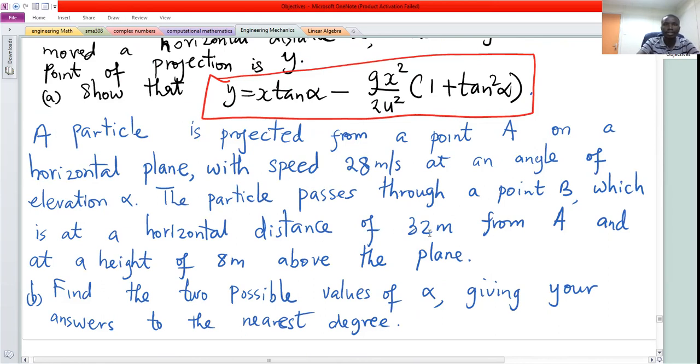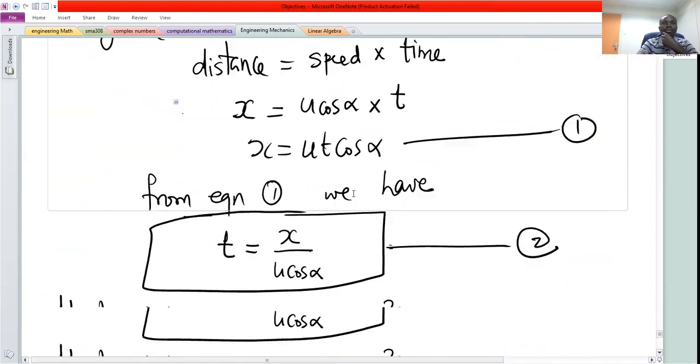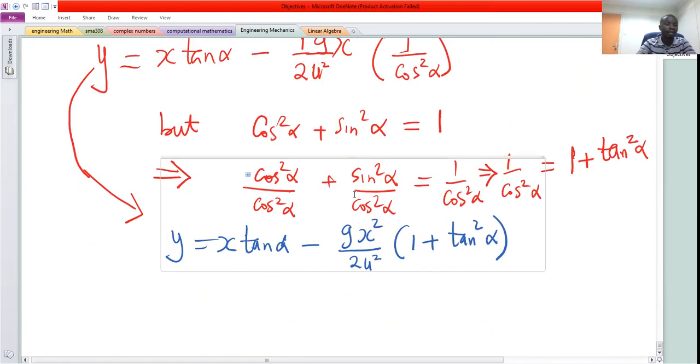So the x is 32 from a point A at a height of 8 meters above the plane. So the height, which is our y, is 8. To find the values of alpha, we simply replace u for 28, x for 32, and y for 8 in this equation, and then solve the resulting equation in terms of alpha.